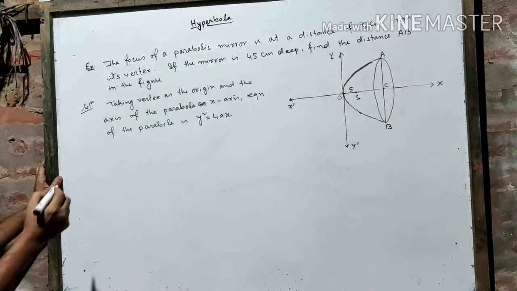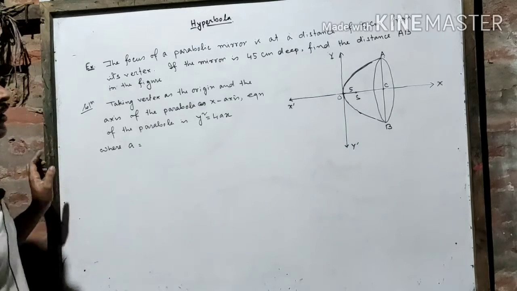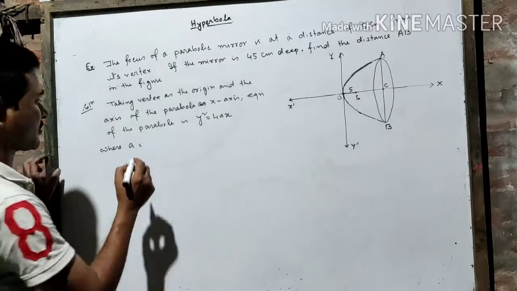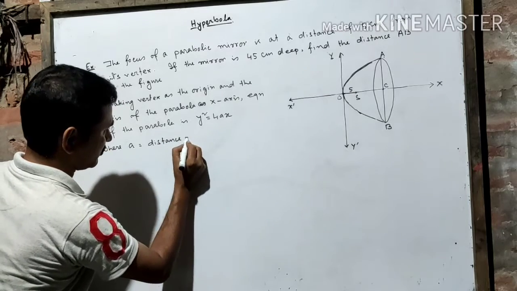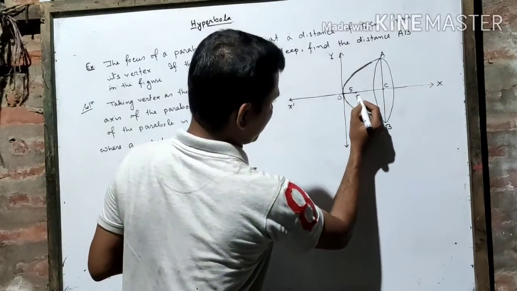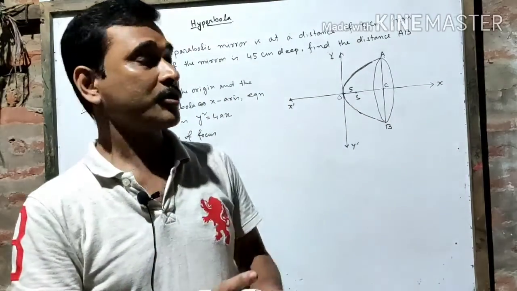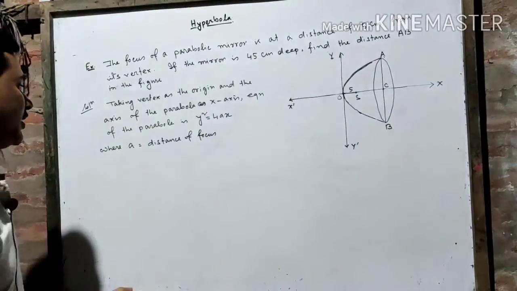What is a here? a is equal to the distance of the focus from the vertex. The coordinates of the focus are (a, 0), so the distance of the focus from the vertex is a, which is given to be 5 here.